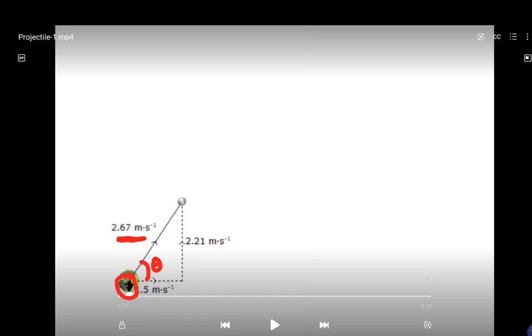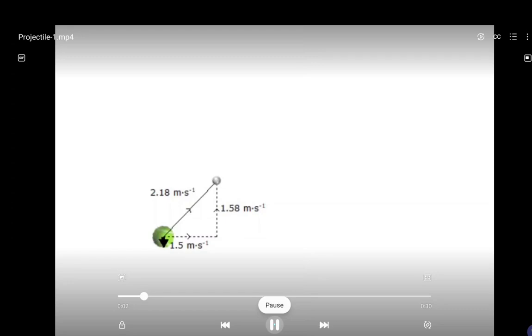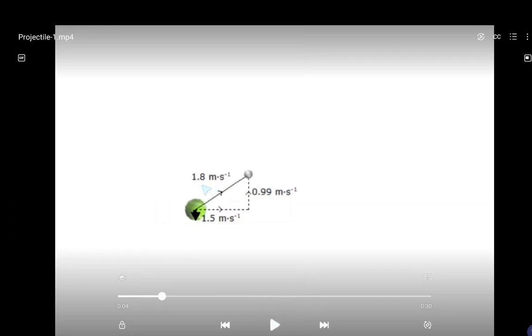As we can see, it's always downward all the way. To move further with this projectile motion, we can see the velocity is decreasing. The y component is decreasing while the x component remains the same all the way.